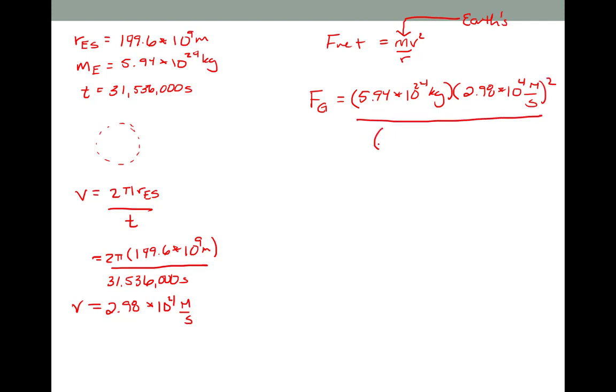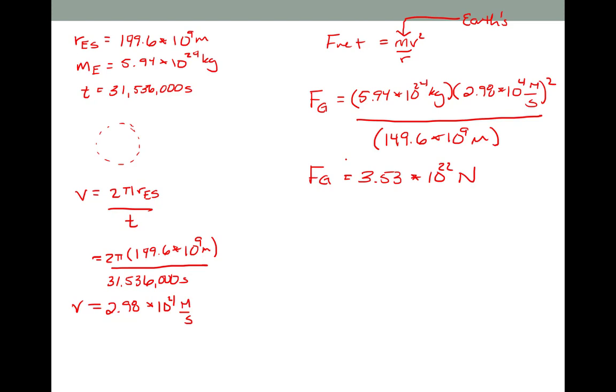And divided by the distance, 149.6 times 10 to the 9th meters. And if you do all of that, you get 3.53 times 10 to the 22nd newtons, which is a really, really big force. But we're dealing with planetary scale, so hopefully it's not too surprising for you.